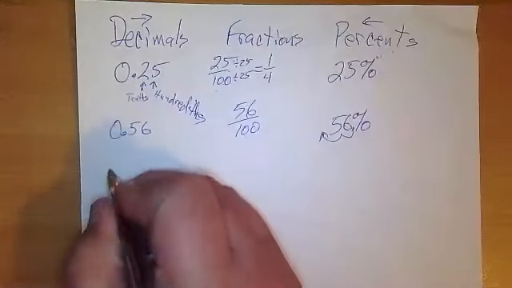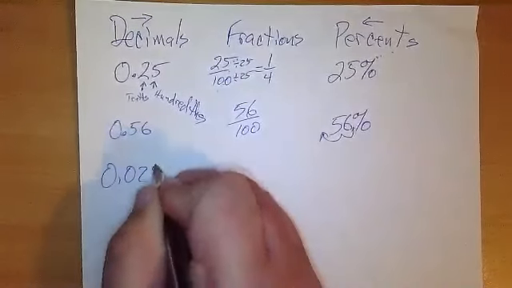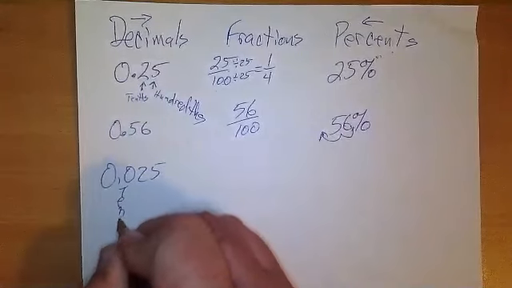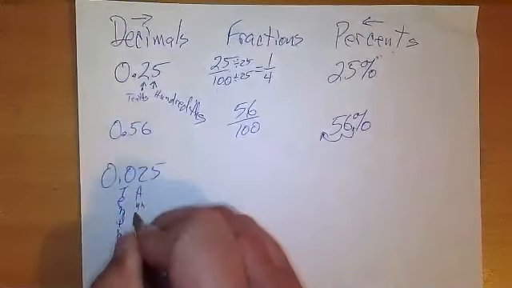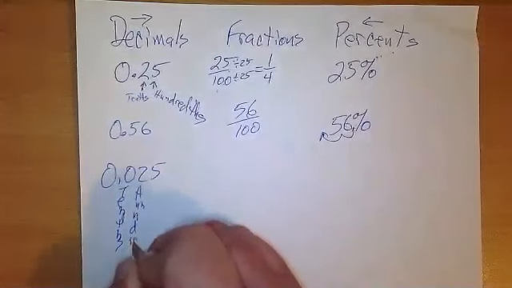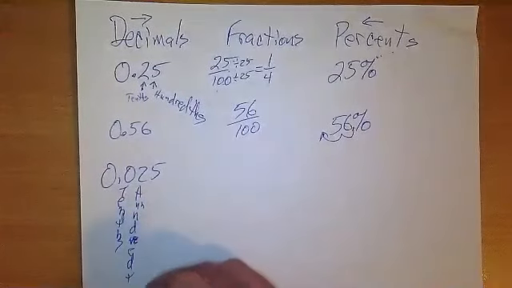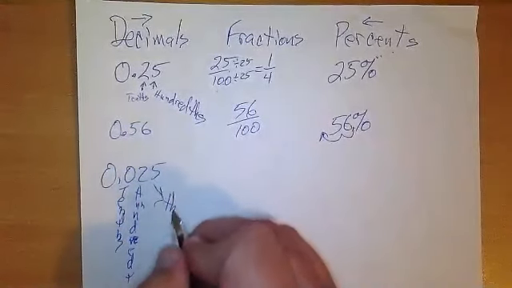All right, so let's try something like 0.025. Now, tenths, hundredths. Whoop. Did it again. Hundredths. And this is finally going to be what? Thousandths, right?